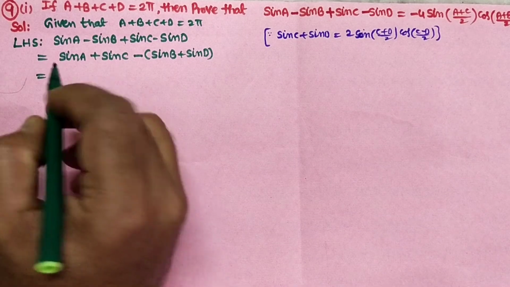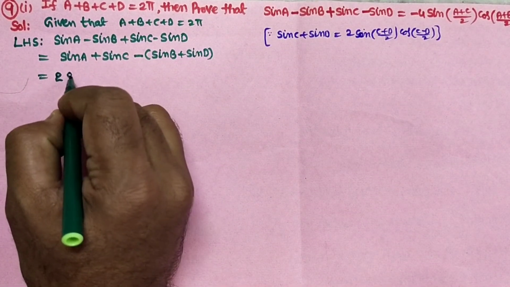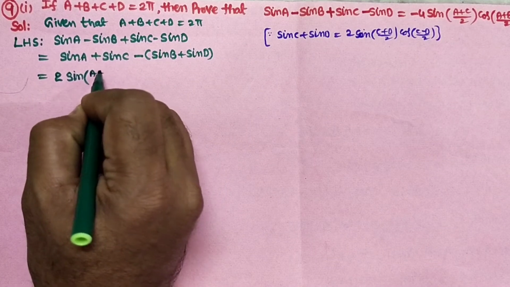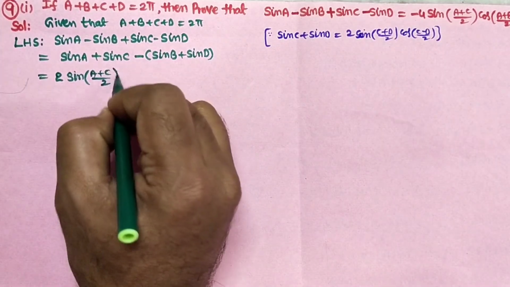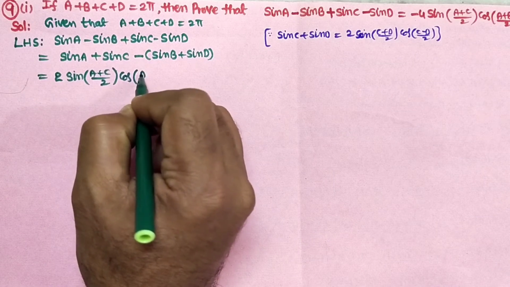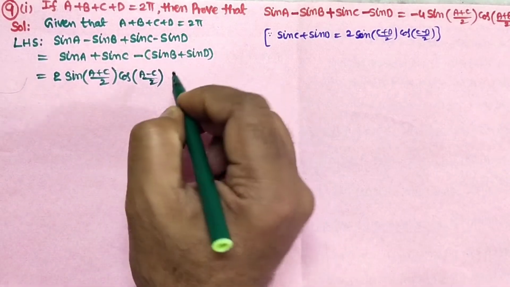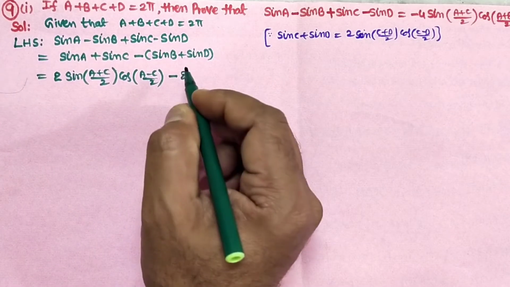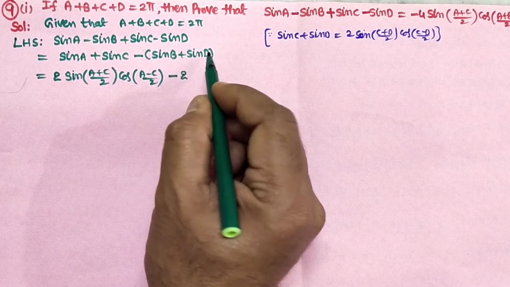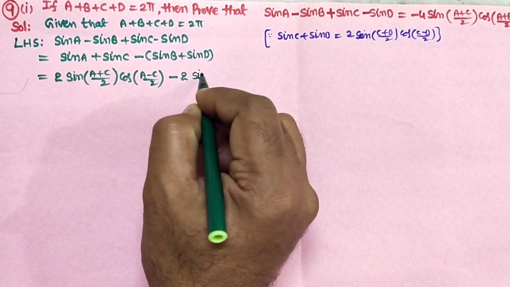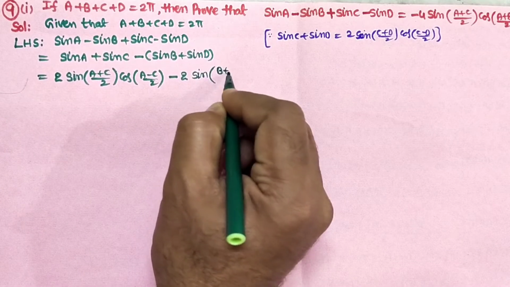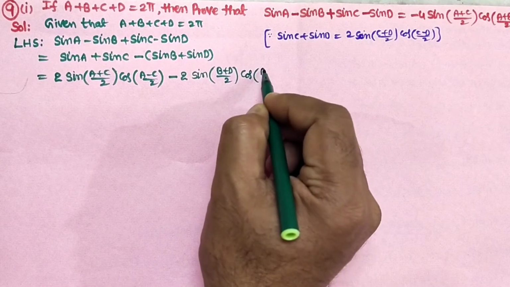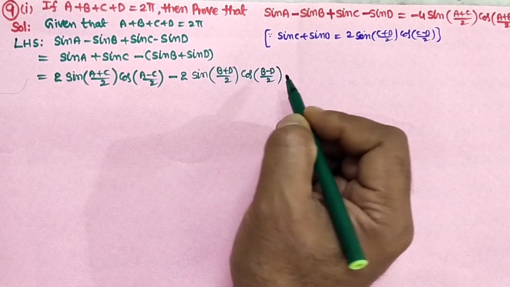So now it will become 2 sin of (A plus C) by 2 cos of (A minus C) by 2, minus, again the same formula with different values, B and D: 2 sin of (B plus D) divided by 2 into cos of (B minus D) divided by 2.